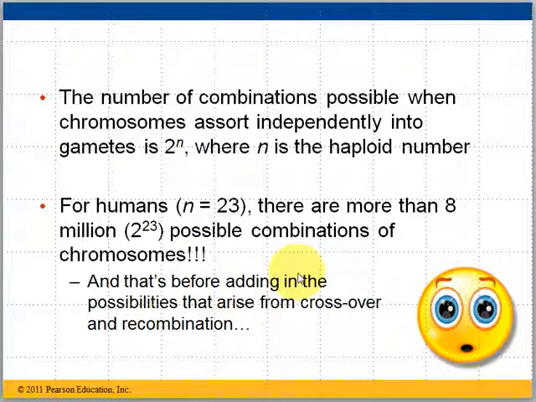And that is just taking into account independent assortment at that center line. That doesn't even take into account all the possibilities that arise from crossing over and recombination. So that one part accounts for more than 8 million possibilities.